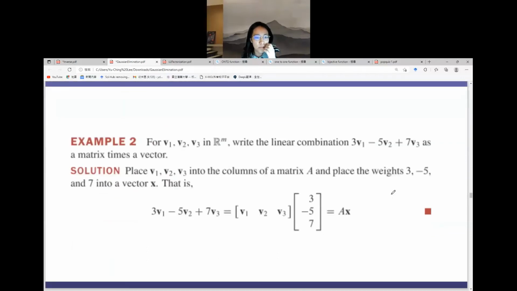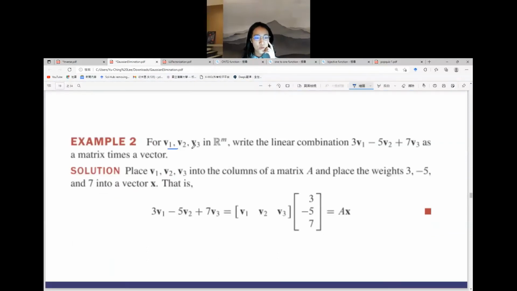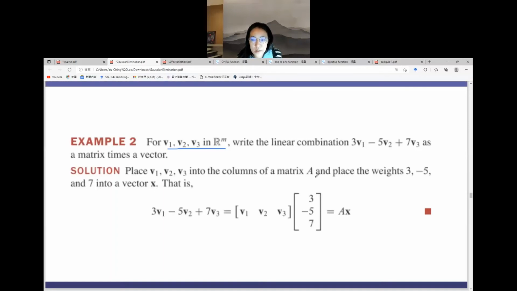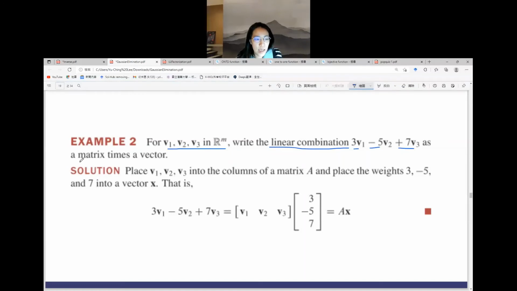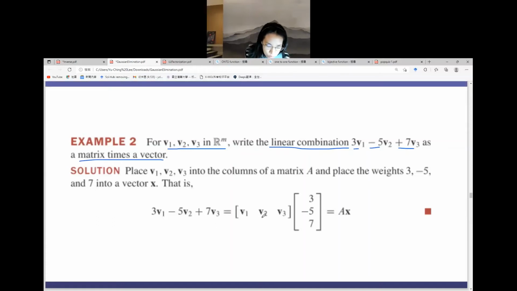Okay, the next example: suppose we have V1, V2, and V3 in R^m space. Please write the linear combination with the scalars 3, -5, and 7 as a matrix times a vector. Basically, here V1, V2, and V3 are vectors in R^n. So it looks like this: 3 V1, combined with -5 V2, plus 7 times V3.